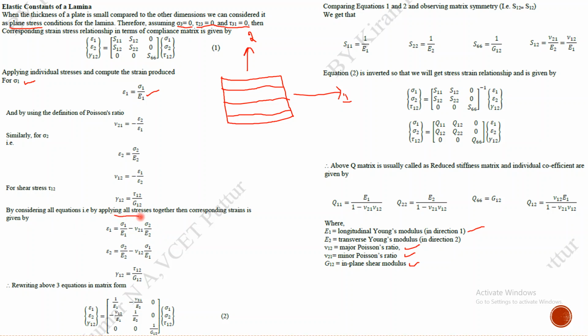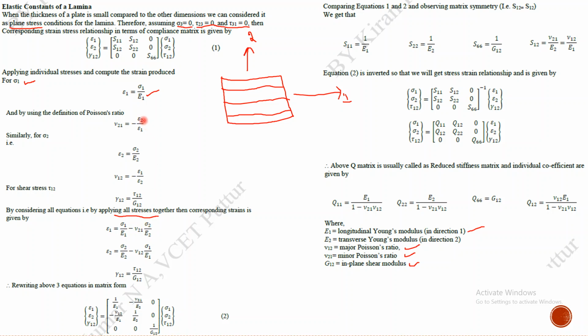Once this is considered, we write it down together. When all the stresses are applied together, we just sum them up. So the strain in direction 1 is equal to sigma 1 divided by E1, that is the first case, minus nu 21 into sigma 2 divided by E2. Why is it sigma 2 divided by E2?